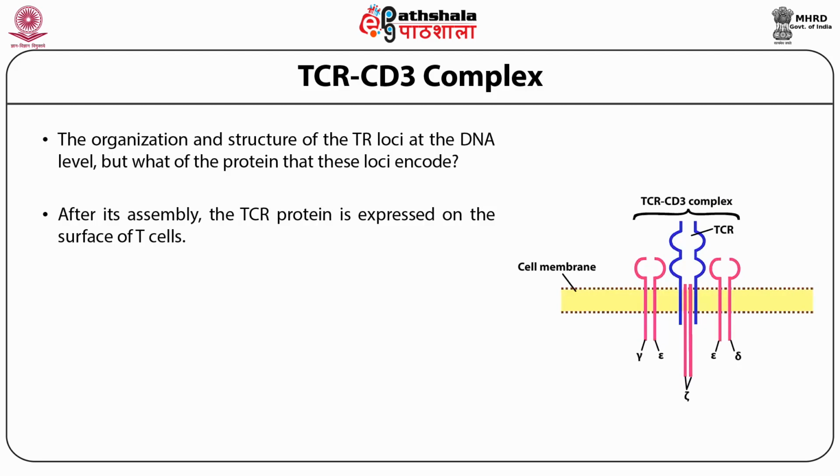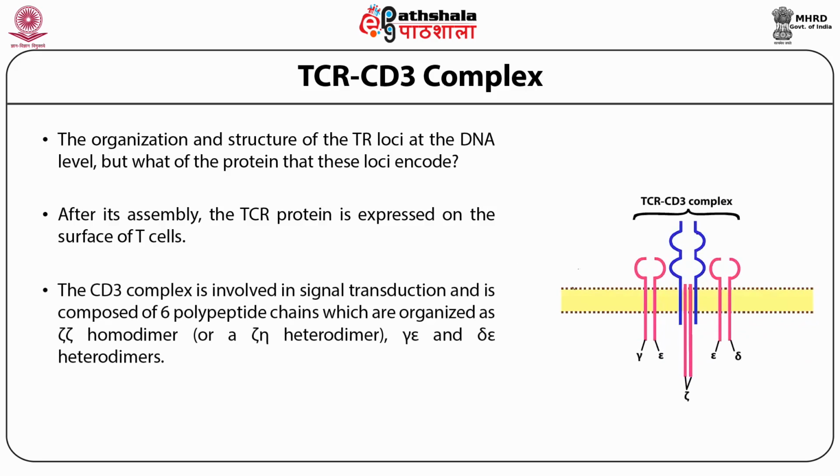Here it is found in association with the CD3 complex, and the resulting complex is referred to as the TCR-CD3 complex. The CD3 complex is involved in signal transduction and is composed of 6 polypeptide chains which are organized as zeta-zeta homodimer or a zeta-eta heterodimer, gamma epsilon and delta epsilon heterodimers.